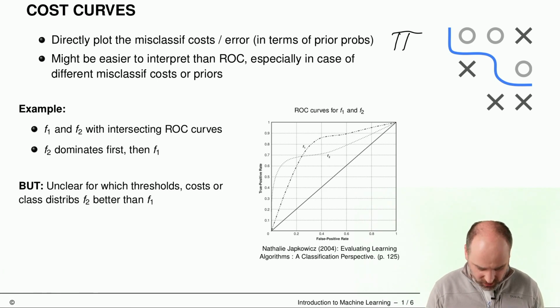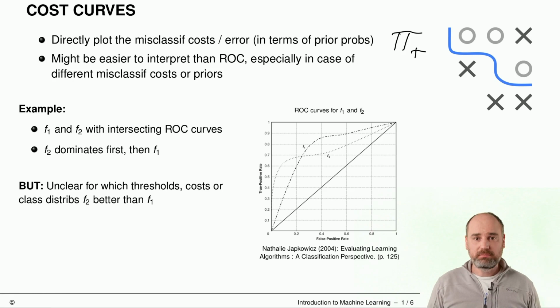Yeah, that works. Okay, so we have a prior probability pi plus. This is the proportion of elements, the size of our positive class. The larger this is, the more likely it is in our data generating process to sample an element from the positive class.